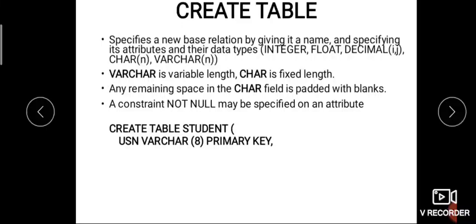A constraint not null may also be specified on the attribute. Not null means you should give some value. Every person will have a name. Every student will have a USN. No student is there without a USN, right? No person without a name is there. So it should be not null, meaning it shouldn't have a null value.